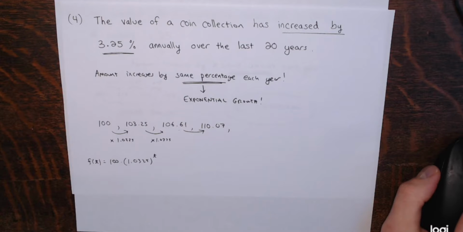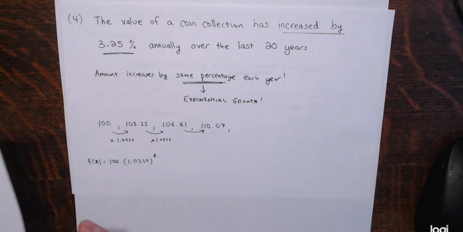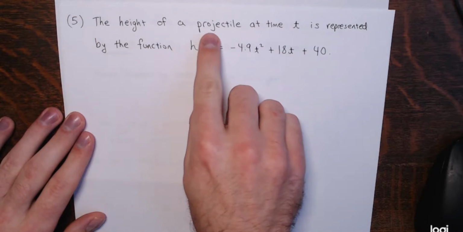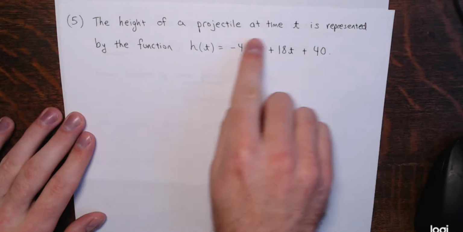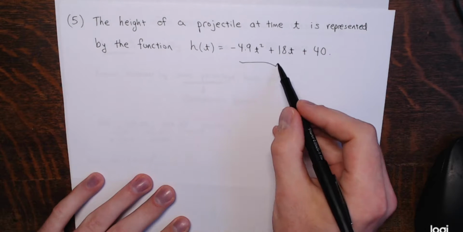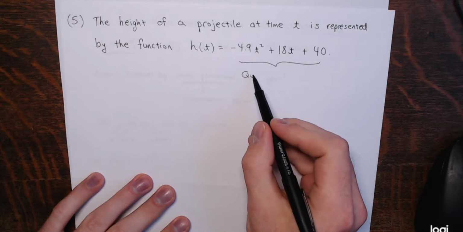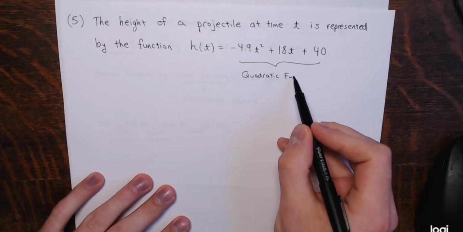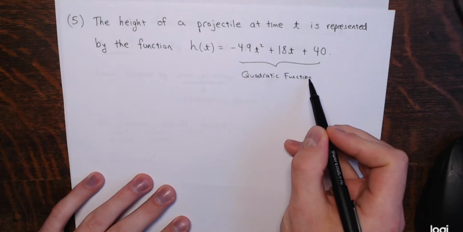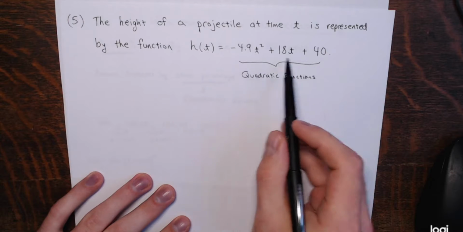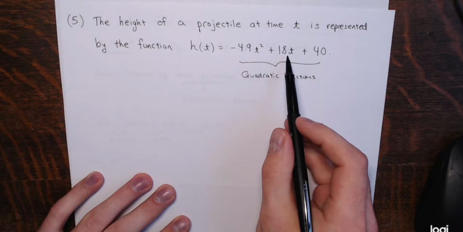All right, and then my final example, a very simple one, for this. The height of a projectile at time t is represented by this function. Clearly not an exponential function. This is a quadratic function. Right, you've seen quadratic functions in previous videos of mine and earlier in this text. This is a quadratic function, a times t squared plus b times t plus c.